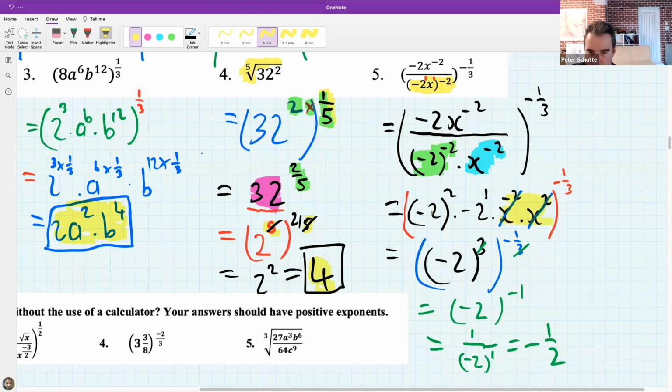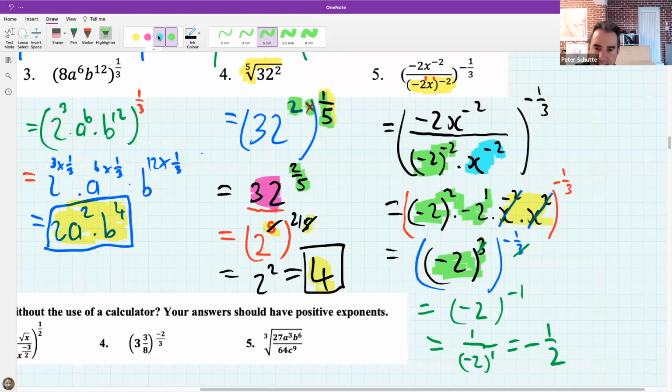And then what I said was there's -2 to the power of 2 times -2 to the power of 1. That's the same as -2 to the power of 3. Now that is a bit more tricky. Understanding why this is true and why that comes from here is something that I want to just check that you understand.